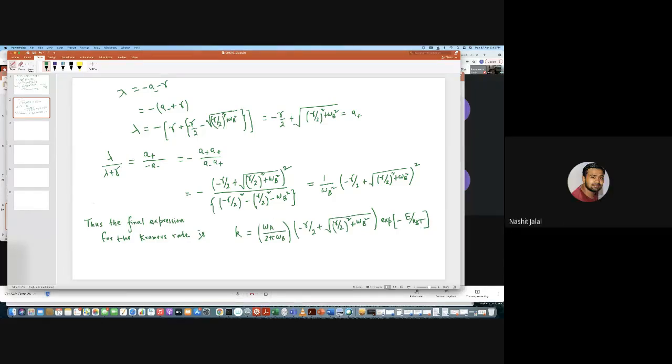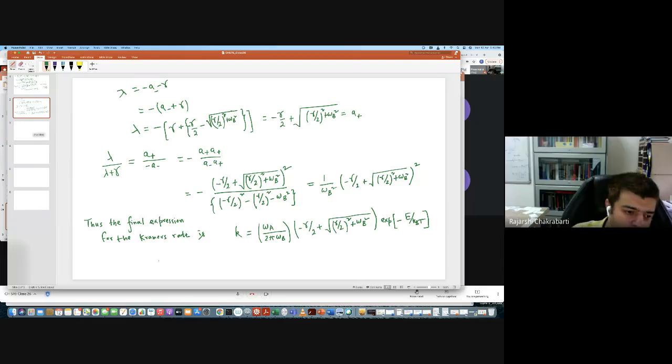Yes, sir. So now we know for first order rate constant, rather, you can write something like k equals to A e to the power minus E by kBT.